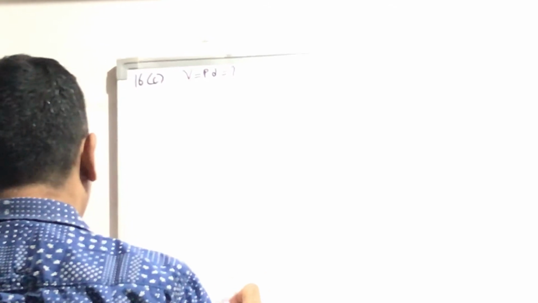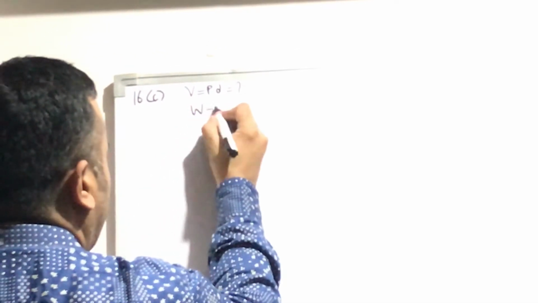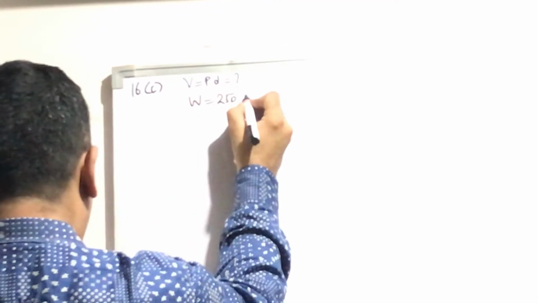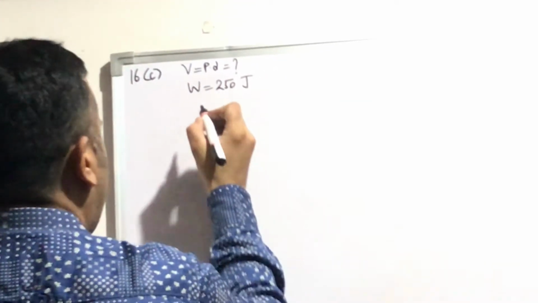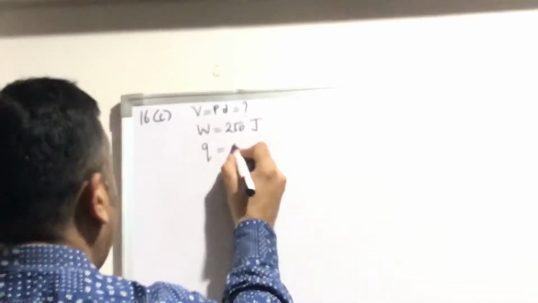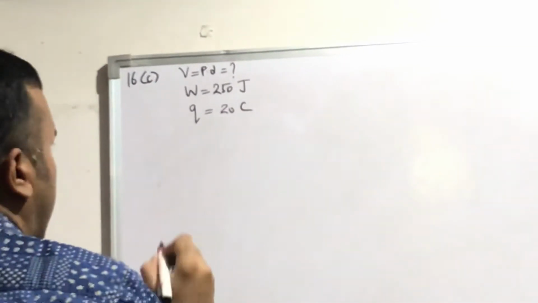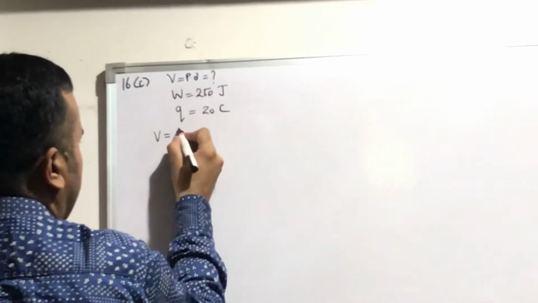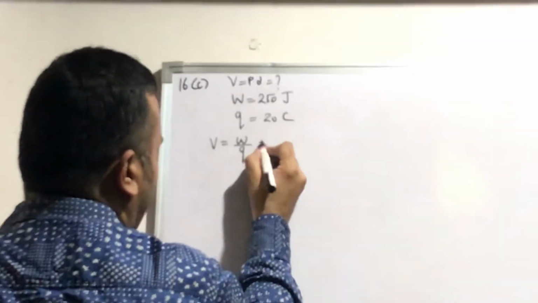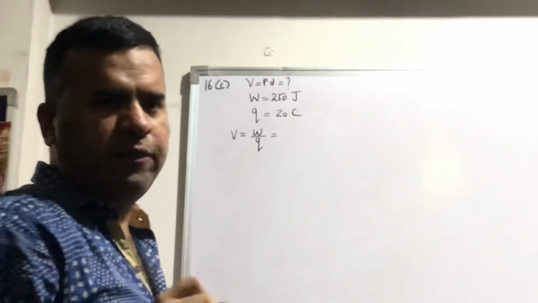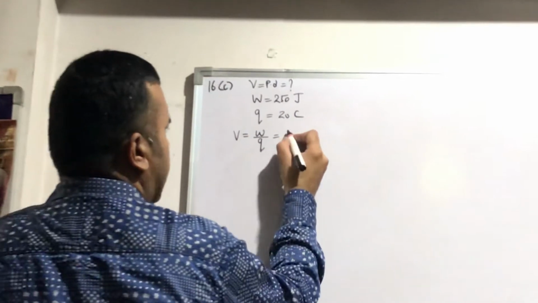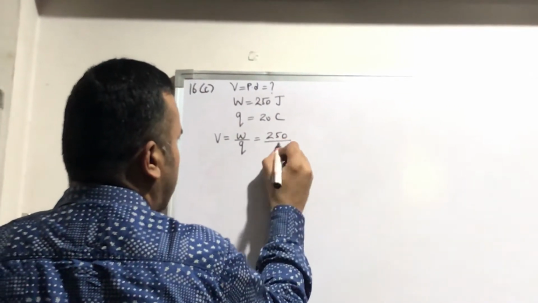Next, work done is given to us, which is 250 joules, and charge Q is given to us, 20 coulombs, right? You know the formula for V, that is W by Q. Formula of potential difference is W by Q. In place of W, you write down 250.